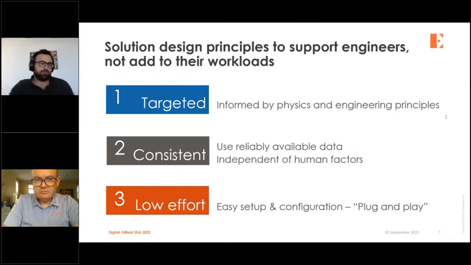In the 11th or 12th hour of a 12-hour shift, they could be tired, there could be something distracting them, it could be something else. The nice thing about using a software solution, though, is these sorts of human factors are not so consequential for you anymore. All right, so I touched on the element of low effort already, but the key thing there is when we want to have a solution, we design it such that it's easy to set up, configure, and then you can use it in this plug and play model straight out of the box.